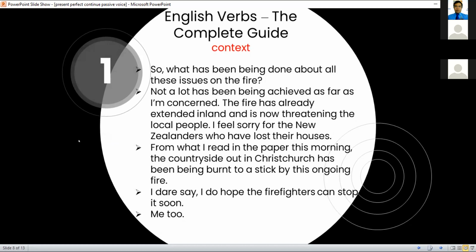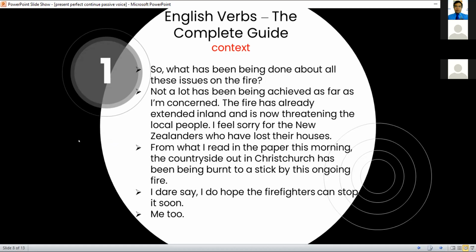What has been done about all these issues on the fire? Not a lot has been done, actually, as far as I can consider. The fire is now threatening the local people.